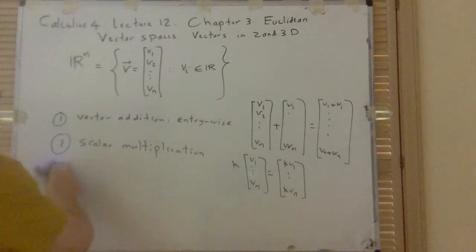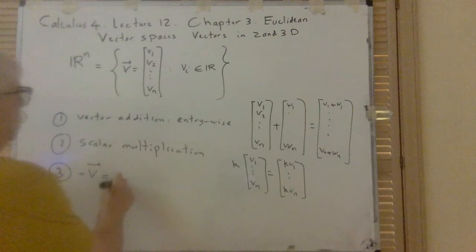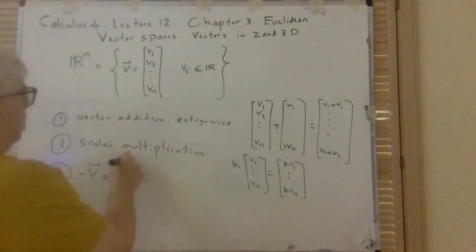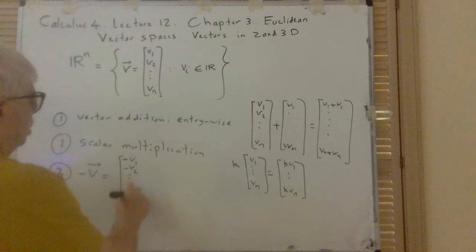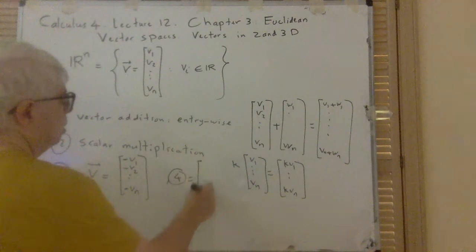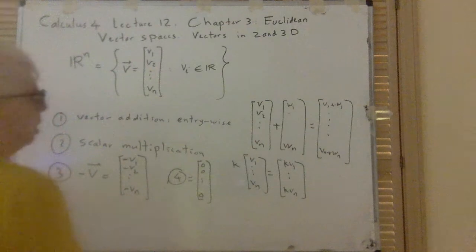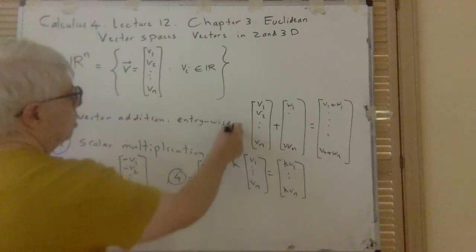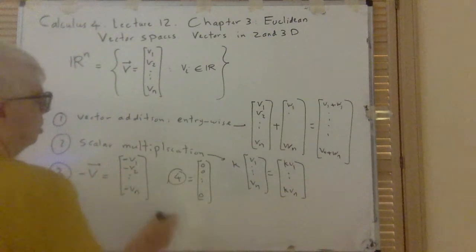The negative of a vector should be defined, and negative v is (negative v1, negative v2, ..., negative vn). And we also need the zero vector, or the identity, (0, 0, ..., 0). Okay? So this is scalar, this is negative, and this is the zero vector.